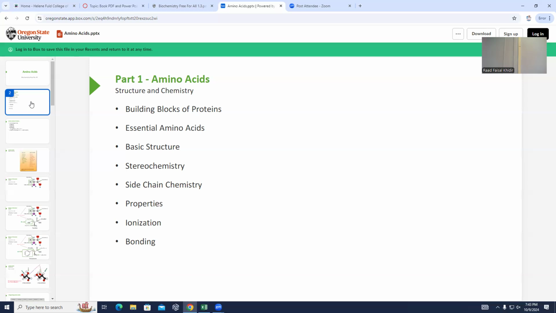This is an enzyme that polymerizes, putting beads on the string. It doesn't remove the beads. It makes it bigger. It's going up.